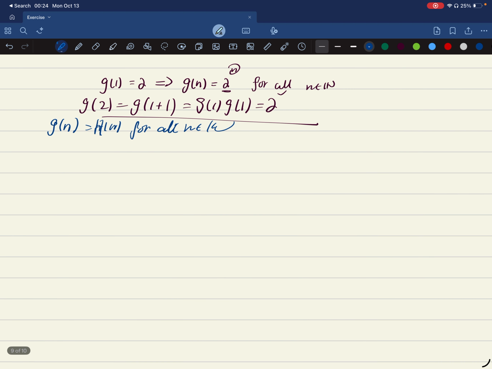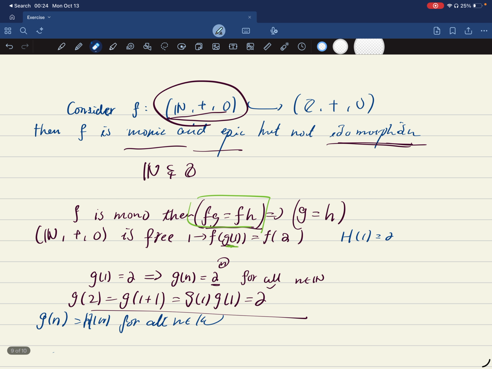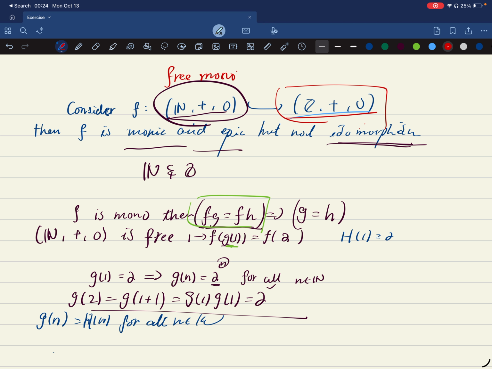And now we have to show that it is epi, right? Yes. Now our task is really to show this, but it's funny that there is a symmetry here. This thing is a free monoid, and this thing is a free group.